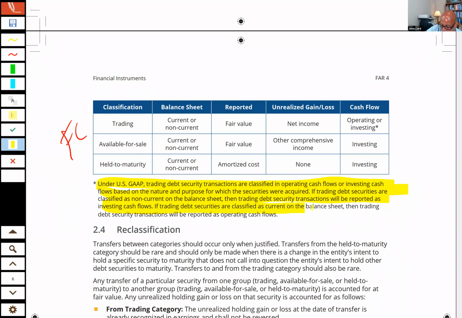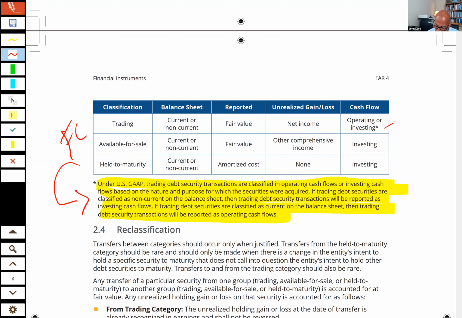If it is current, then it will go into the operating categories. So include on your flashcard that treatment for the different reasons, current or non-current, that you would include an unrealized holding gain or loss in either the operating section or investing section on the statement of cash flows.